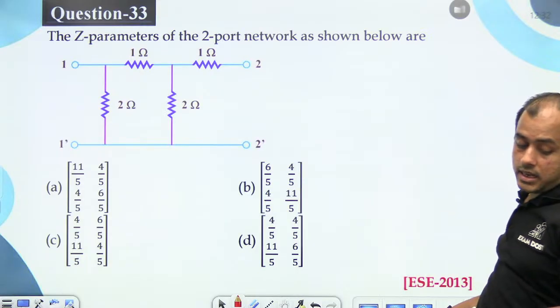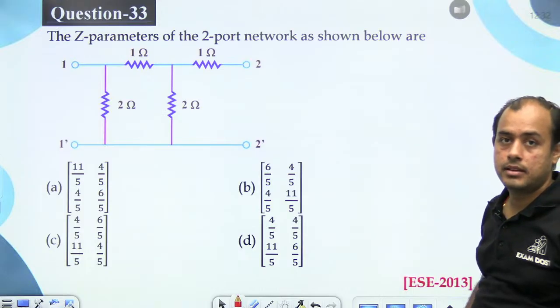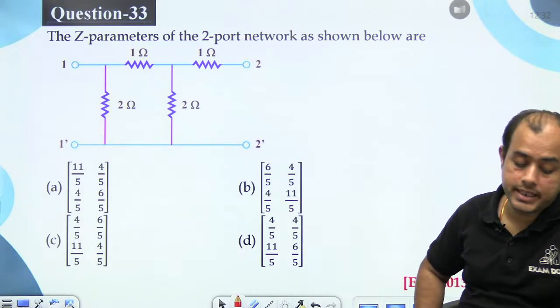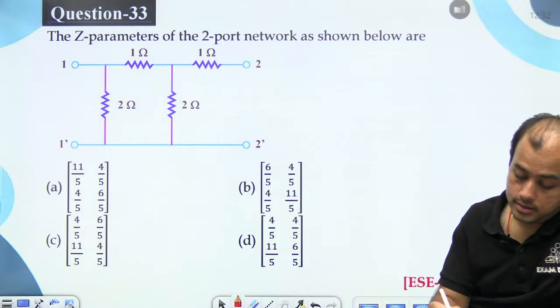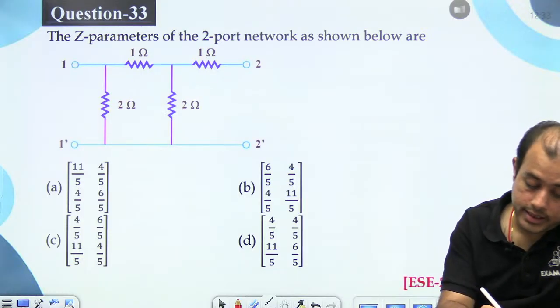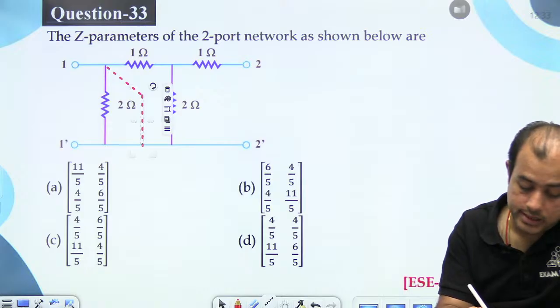Next, the z parameters of a two port network are... what are the z parameters of this two port network? ESE 2013 again. So you can convert this delta to star.